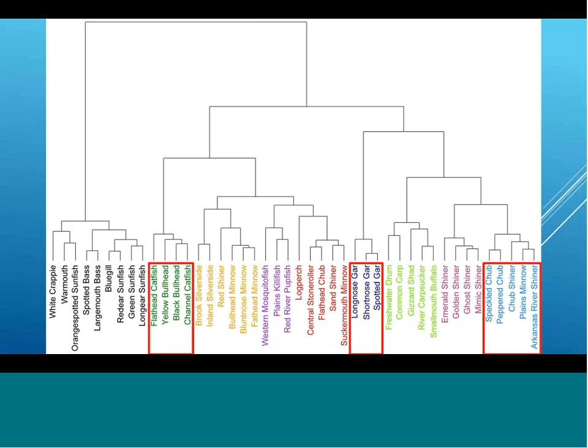These groups kind of fall into 3 main categories. We have some that are very much driven by their morphology. For instance, the gar species are obviously very different morphologically. They have slightly different reproductive strategies, but they're still very closely grouped together.